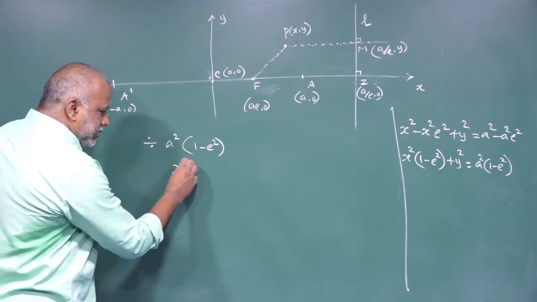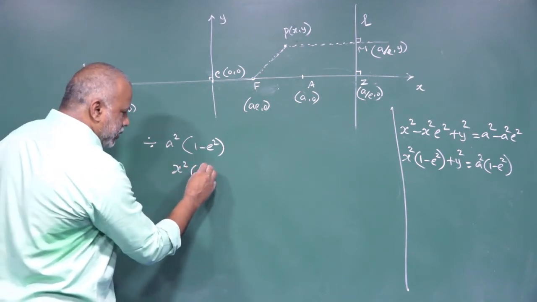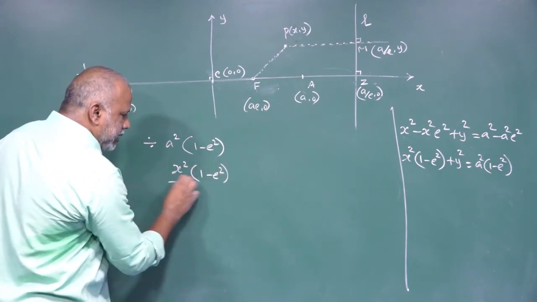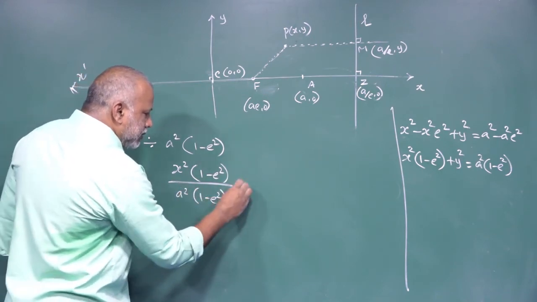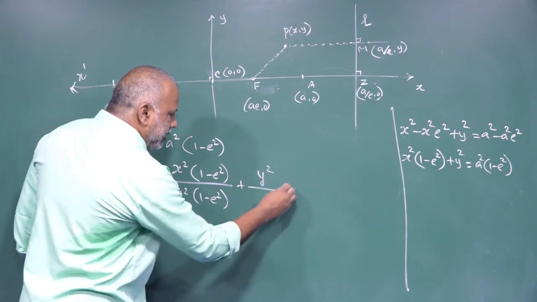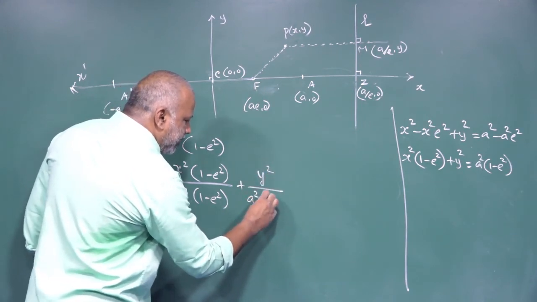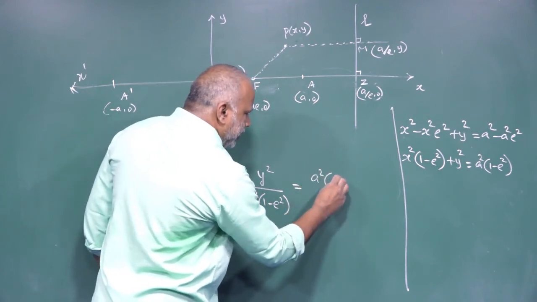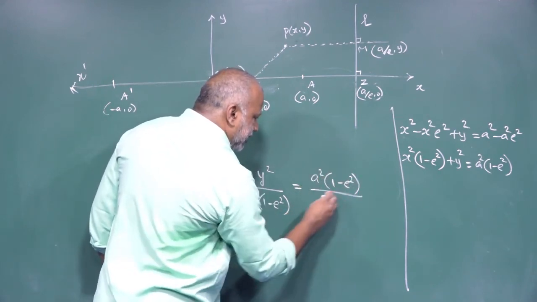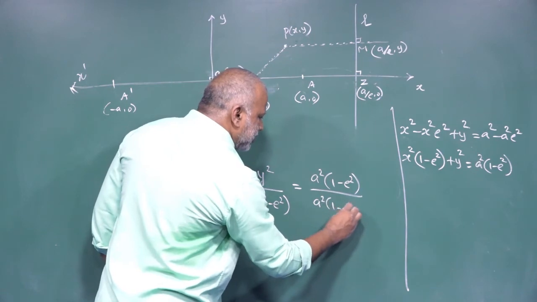So the first value becomes x squared (1 minus e squared) by a squared (1 minus e squared). The second value is y squared divided by a squared (1 minus e squared). In your RHS side, a squared (1 minus e squared) divided by a squared (1 minus e squared).